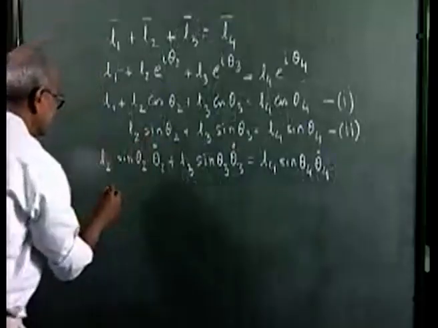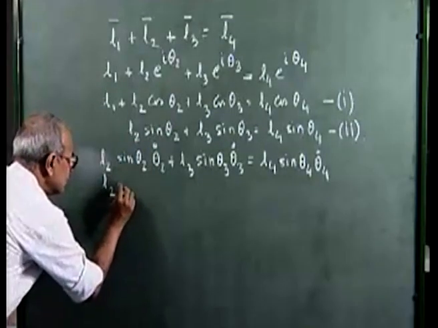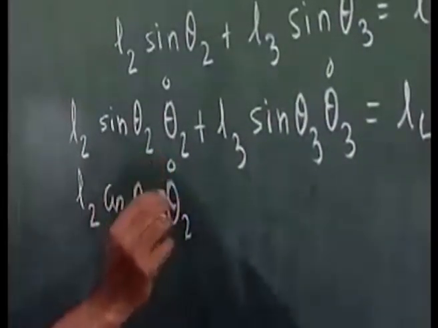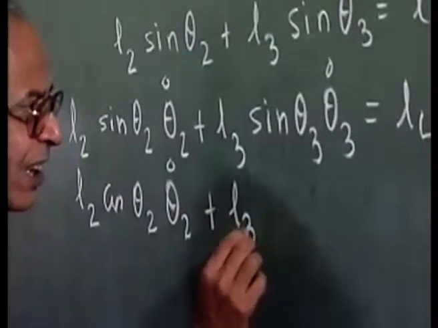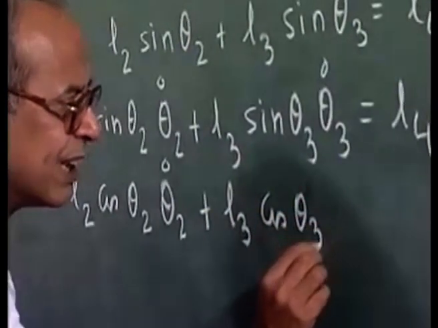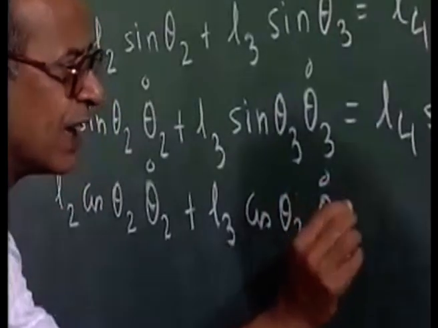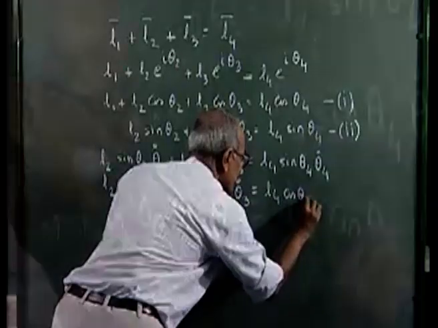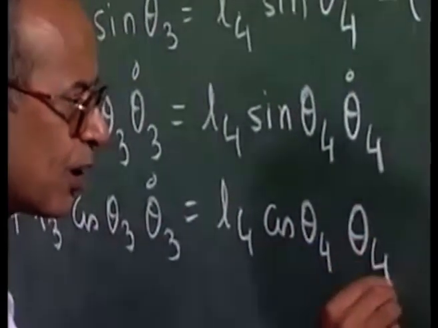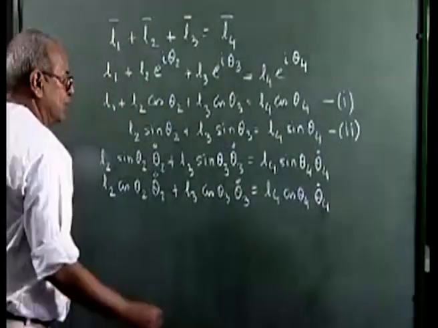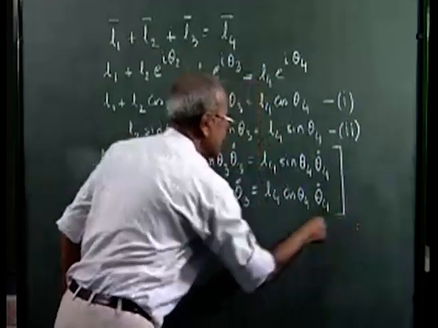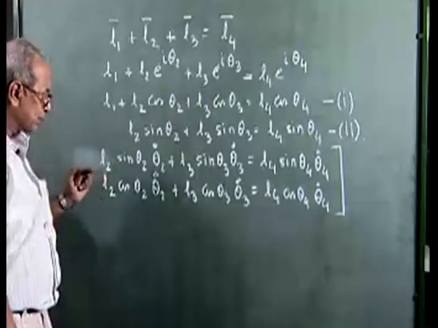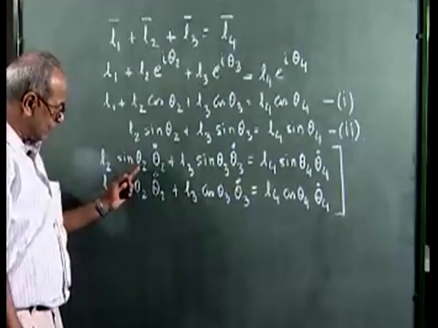Similarly, from the second equation I get L2 cosine theta 2 into theta 2 dot plus L3 cosine theta 3 into theta 3 dot is equal to L4 cosine theta 4 into theta 4 dot. So we have two equations where, because the displacement analysis has been completed, I know the values of theta 3 and theta 4 for given values of theta 2.